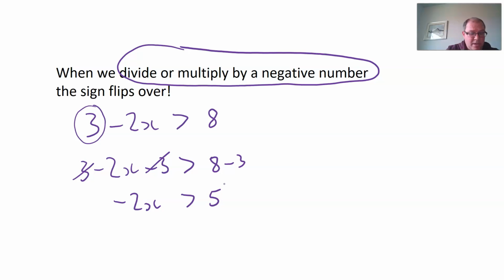Now we're in trouble, because we want to get rid of this multiplying by negative 2. To get rid of multiplying by negative 2, we divide both sides by negative 2. But because I've divided by a negative number, we know the inequality sign flips over. So instead of a greater than, I need a less than, because I've divided or multiplied by a negative number.